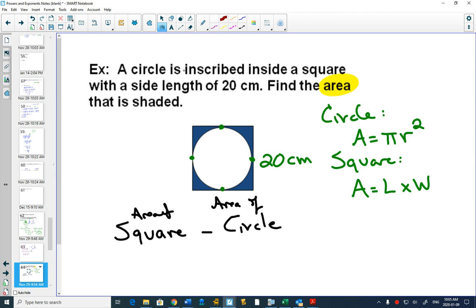Well, how do we figure out the area of the square? It told us the side length is 20. We should have probably labeled these side lengths right away. So for my square, I need length and width. Do I have that? Yes.